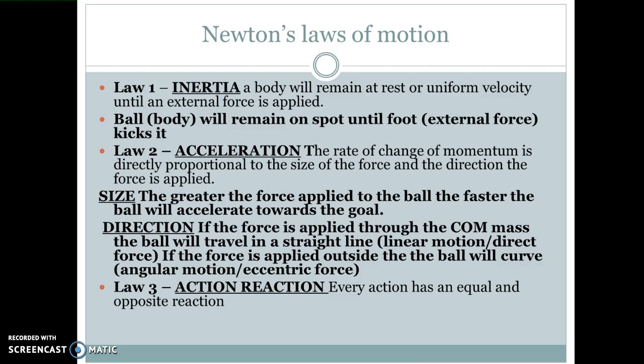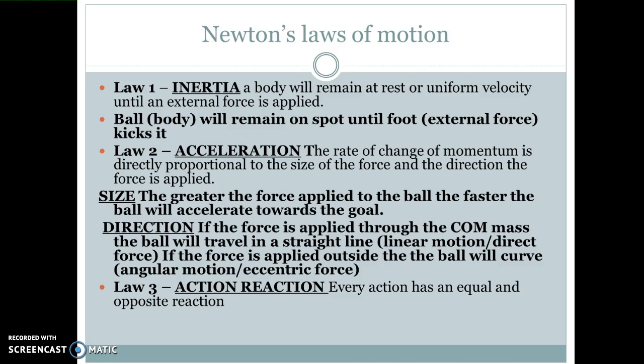So, size: the bigger, stronger or harder the kick of the penalty shot, the more force applied, and the faster it will accelerate. If the force goes through the centre of mass, the middle of the ball, it will go straight. Sometimes in a football penalty, people try to curl the ball into the top corner.